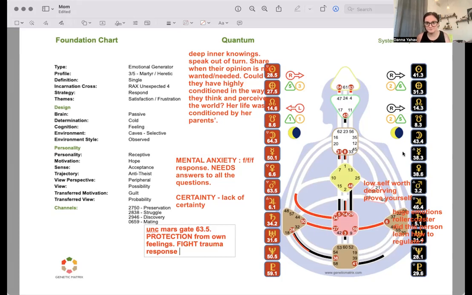It's survival. So who did this person need to be in order to feel worthy, feel like they belong, to be loved? And how do they use that fight response in order to protect themselves from their own feelings and from the mental anxiety that they cannot face, from those unanswerable questions?